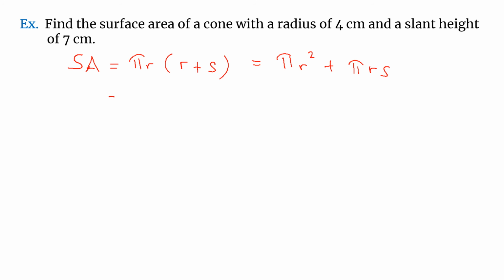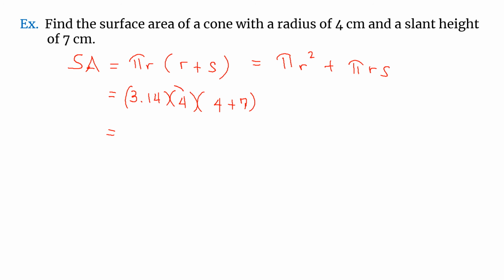So, now let us continue. We have here 3.14 times r, which is 4. And then times the quantity 4 plus 7. Kasi yung ating slant height ay 7. So at first, get the product of 3.14 and 4.